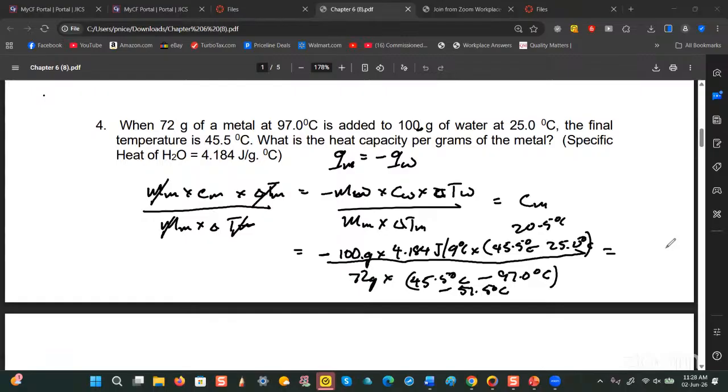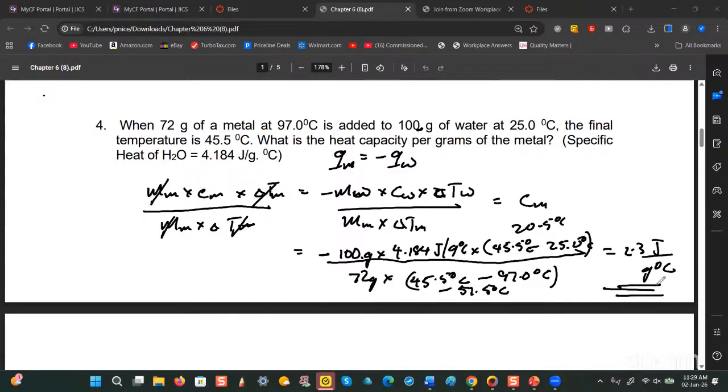I think I made a mistake. 100 times 4.184 times 20.5 divided by 72 times 51.5. Okay, so the answer I got is how many sig figs? 2 sig figs. So 2.3, and the units would be again joules per gram degrees Celsius. And that's how you do that.